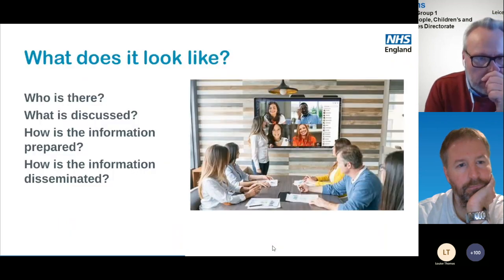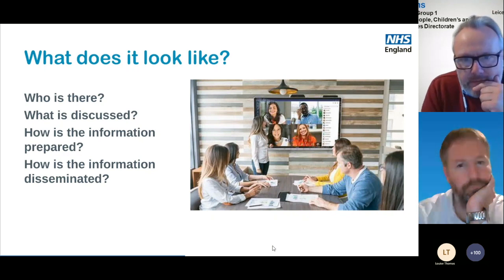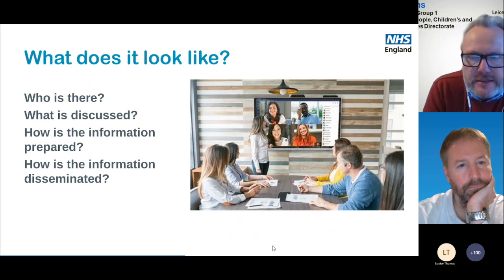Okay, so what does it look like? We started off with people physically in the room, and I think it's important that there are a few key people that need to be there. It's really important that we have a chair that's independent from the actual service delivery, to ask the obvious questions, and also to be able to escalate things up outside of the service line.